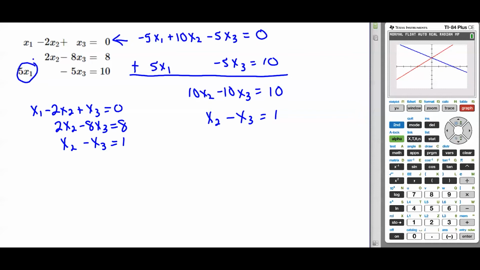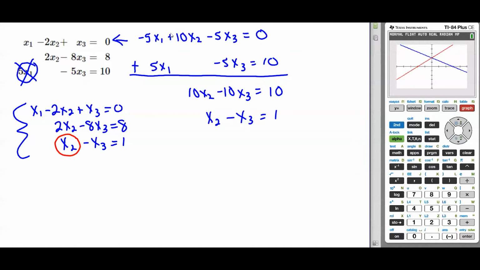I wanted to eliminate this x1 in the third equation, and that's what I did. So I'm just going to rewrite my system to show that I have accomplished that. Next, I want to eliminate this x2 from the third equation.